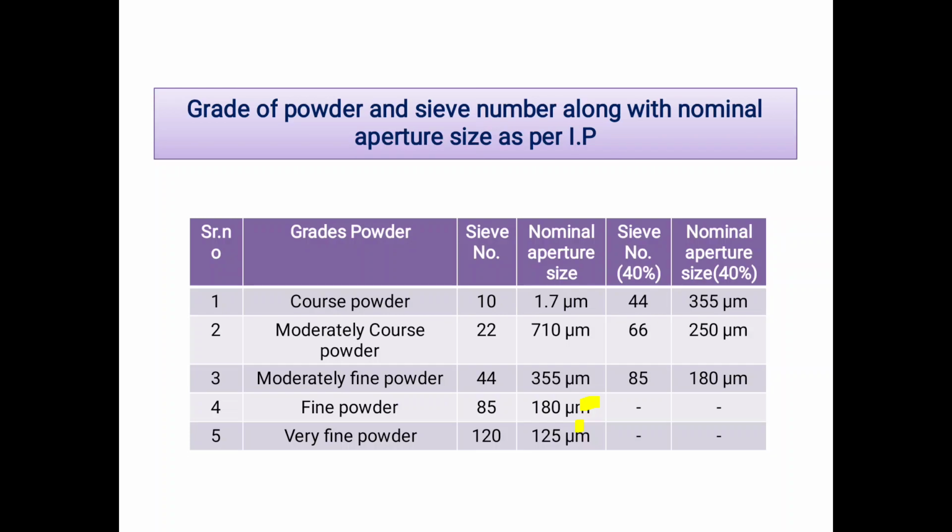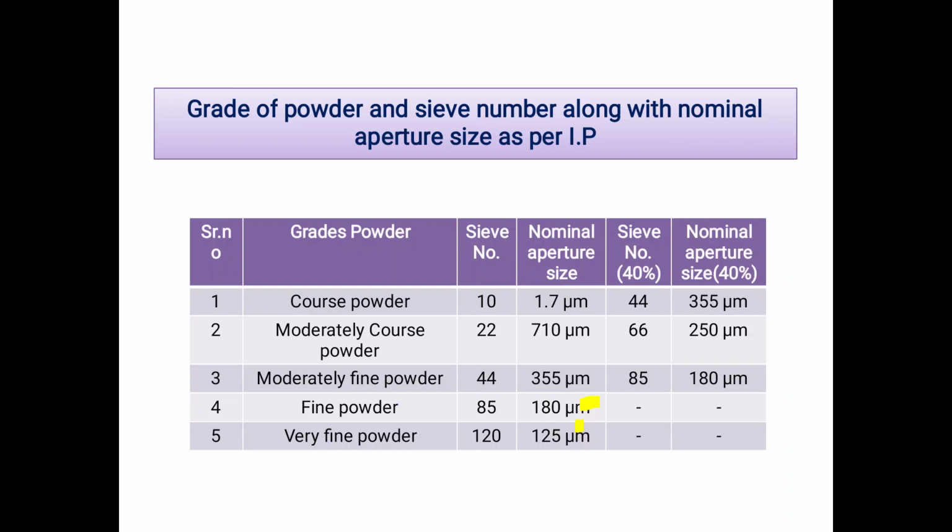Size separation means separating larger particles from smaller ones by passing them through a sieve. The objective of size separation is to make a uniform substance. When we reduce the size, we do not get a uniform size: some particles are large and some are small.